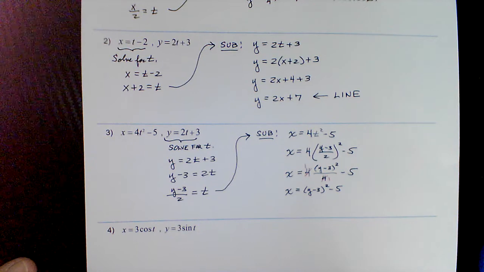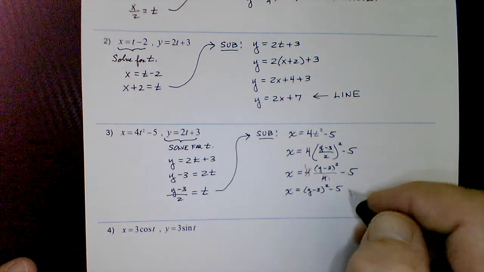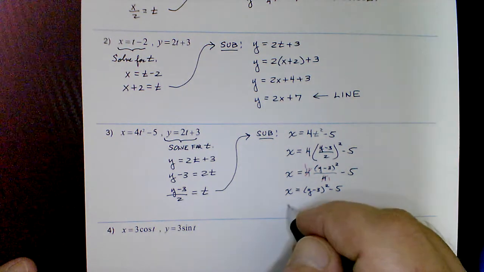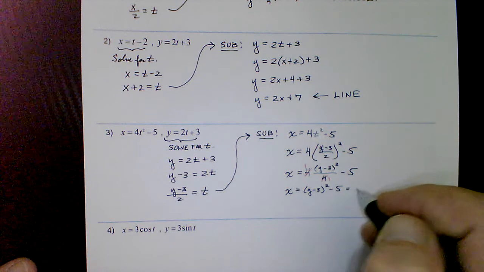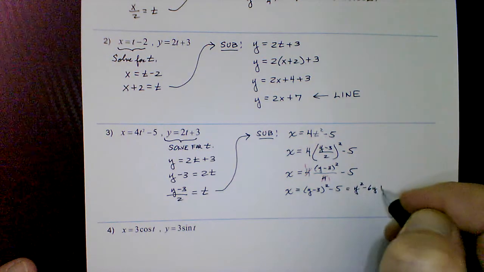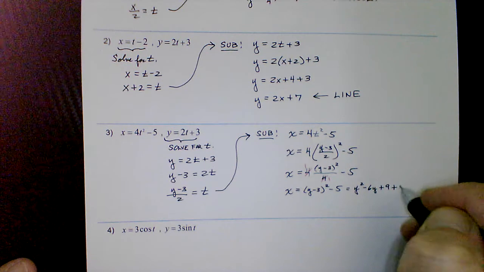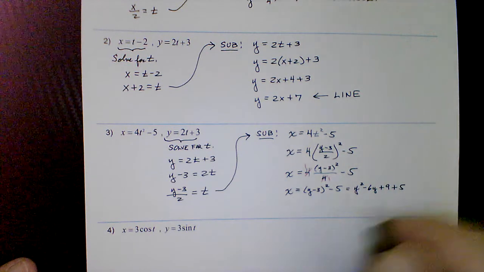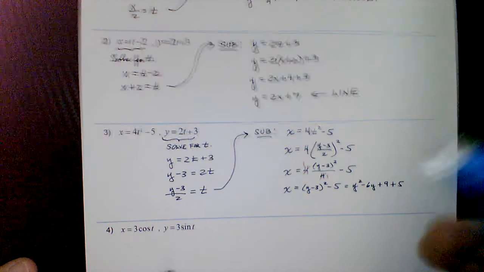But if you wanted to, square the y minus 3, so you get y squared minus 6y, FOIL it out if you need to, plus 9, and then don't forget the minus 5 that's tagging along.